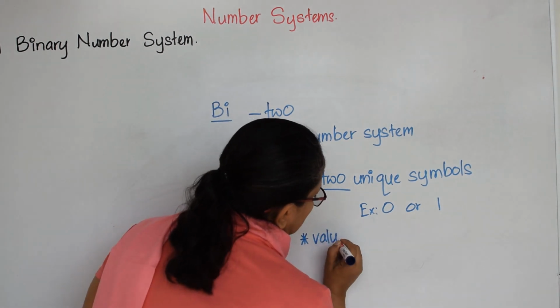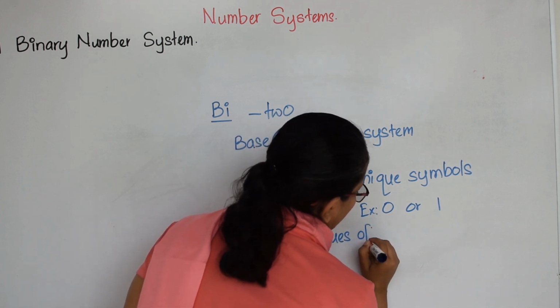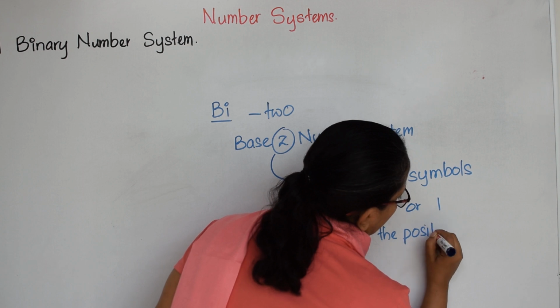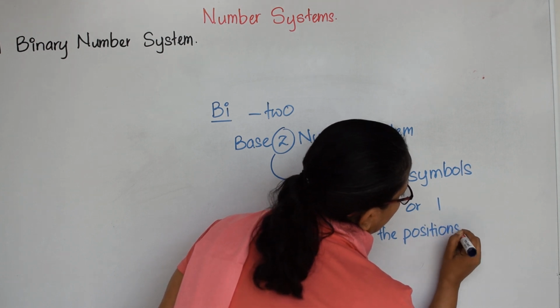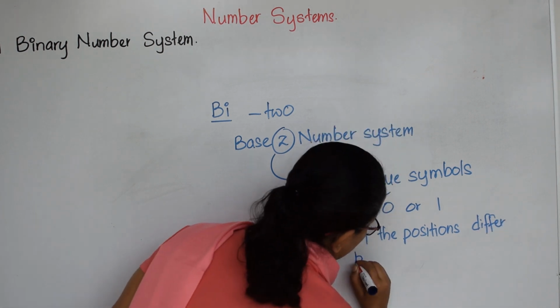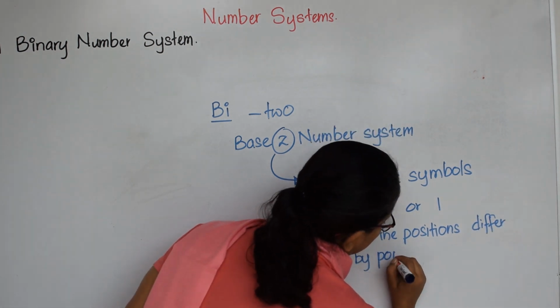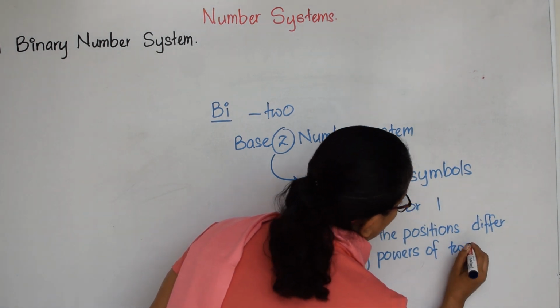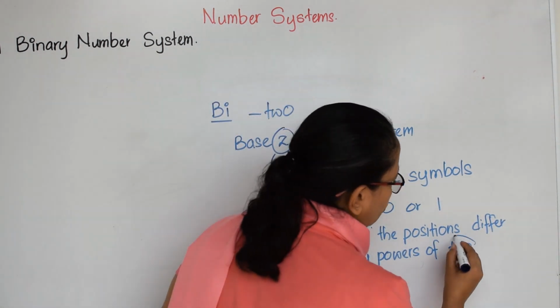Then what is the other one? Values of the positions differ by powers of 2. Why 2? Because the base value is 2.